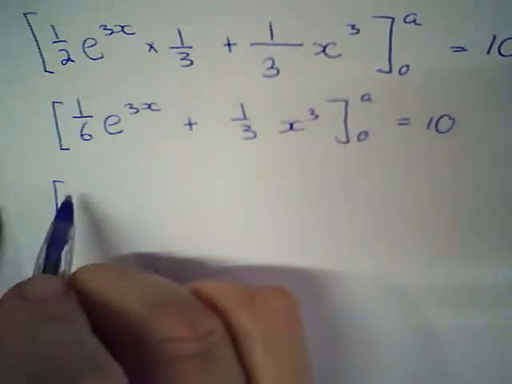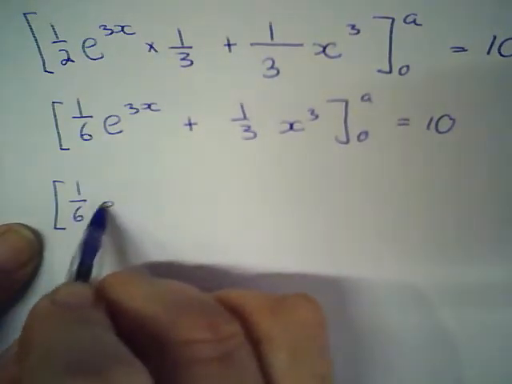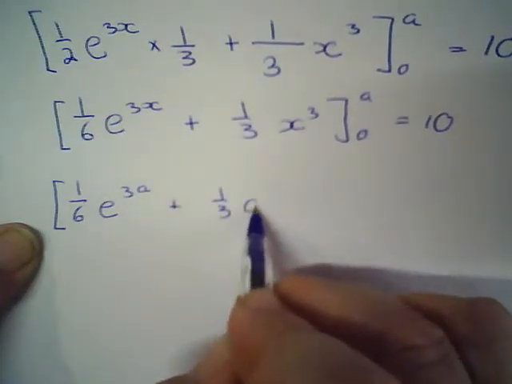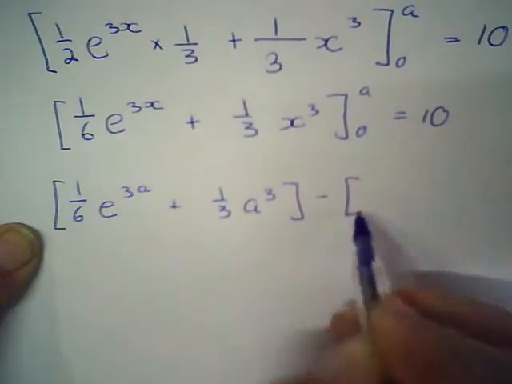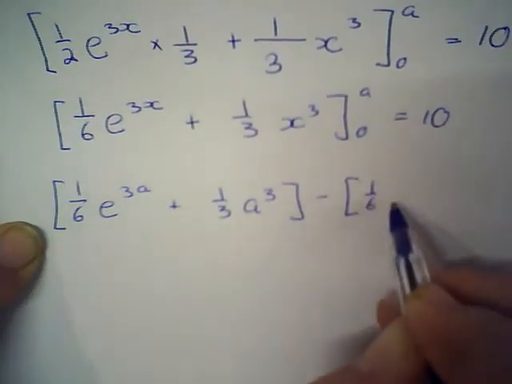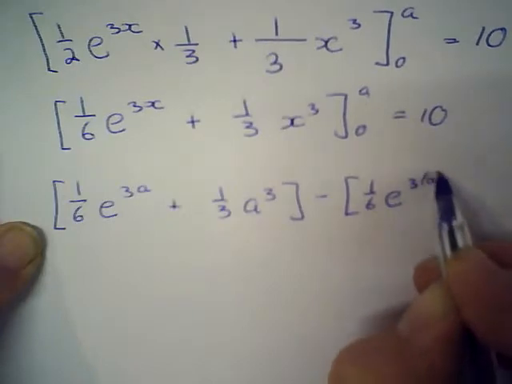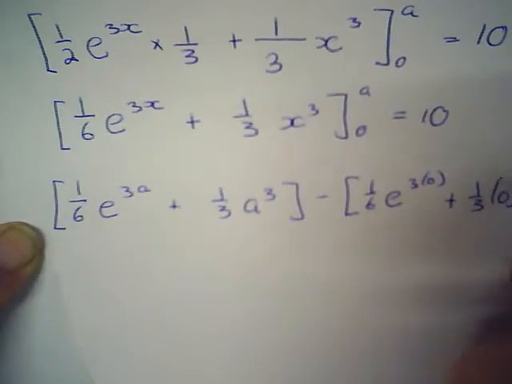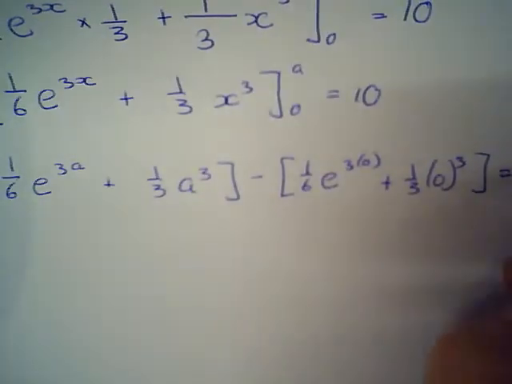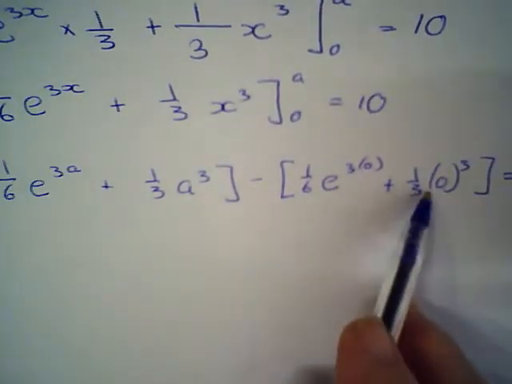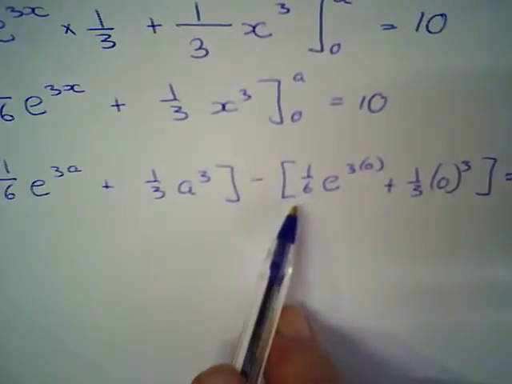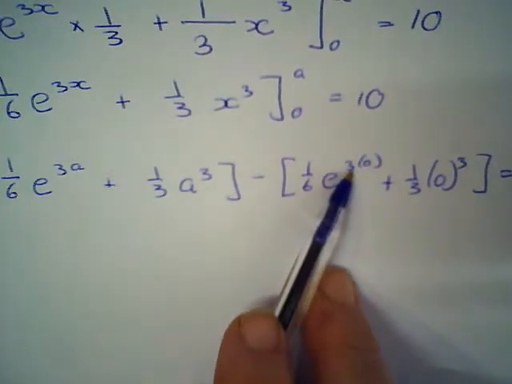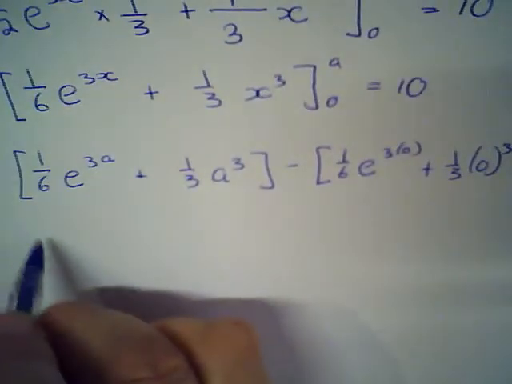So let's apply the limits. 1/6 e to the 3a plus 1/3 a cubed minus 1/6 e to the power 3 times 0 plus 1/3 0 cubed would give us 10. Okay, so this term would be 0. That would just give us negative 1/6, because e to the power 0 is just 1.